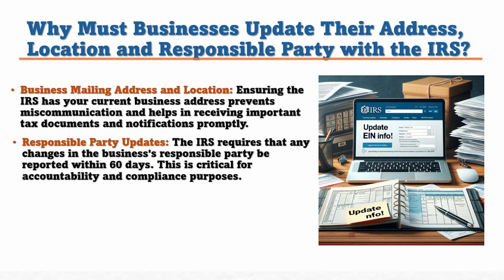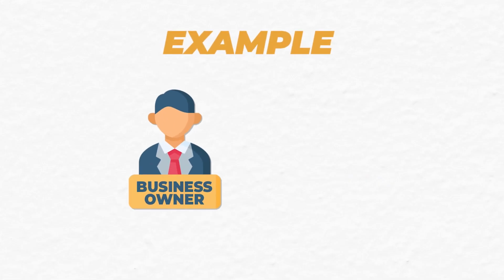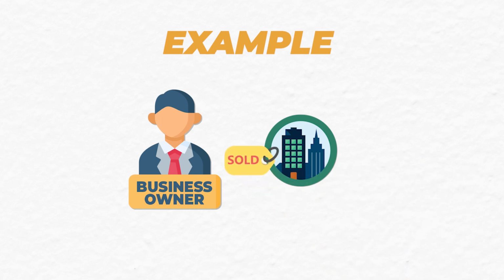This is important to ensure that someone is being held accountable, whether it's for tax reasons or for compliance reasons, okay? So for example, if you own a company and you sold that company, depending on the terms and the agreement that you have with the buyer, you may no longer be the responsible party.